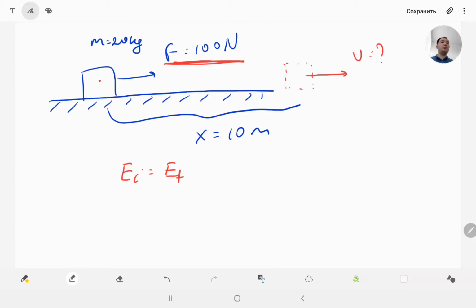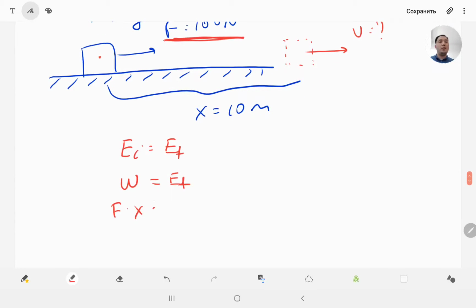This force is doing some work. So work for this problem will be initial, because someone is adding. So work will be here at the left side. You can assume it's initial, and this should be equal to final energy. Force times distance, this is a work, equal to finally it will be moving with a certain velocity.